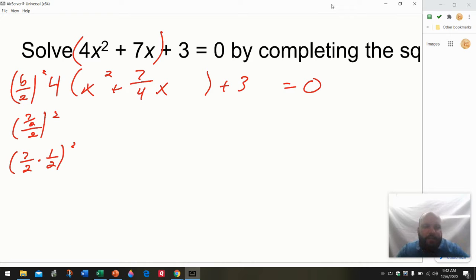Remember, keep, change, flip. Keep the first, keep the top, change it from division to multiplication, and flip the bottom number over to 1/2. So then this becomes 7/4 squared, which is 49/16.